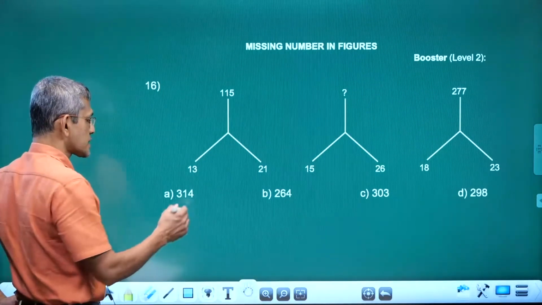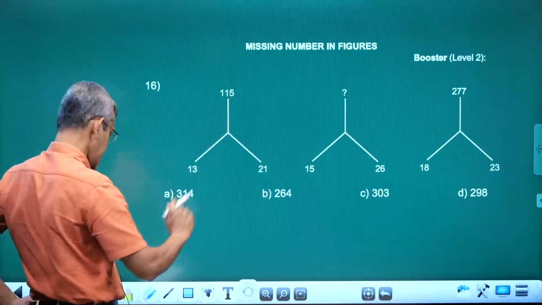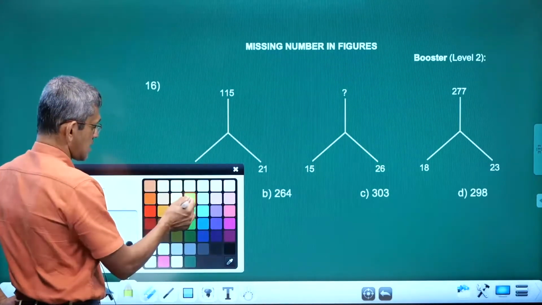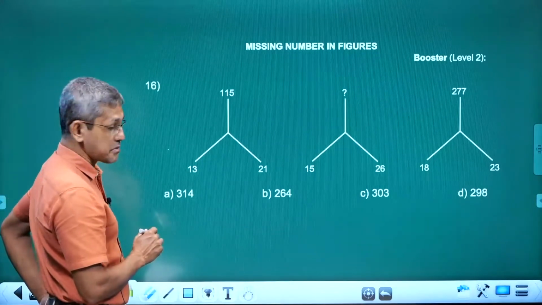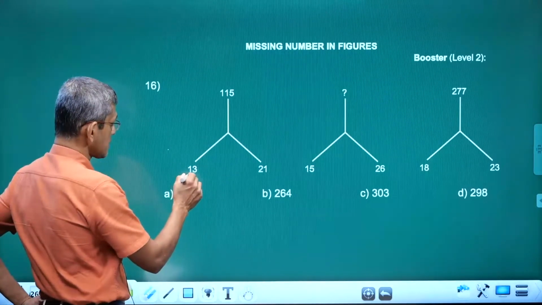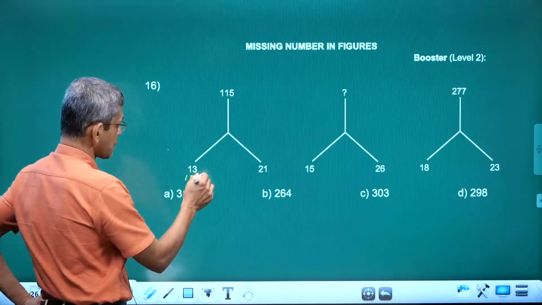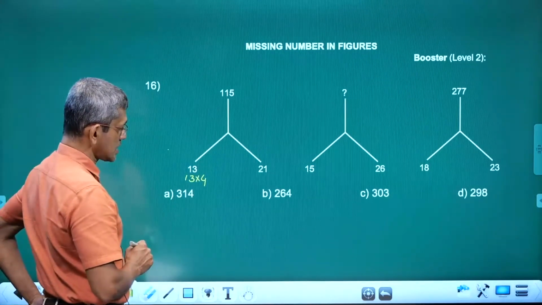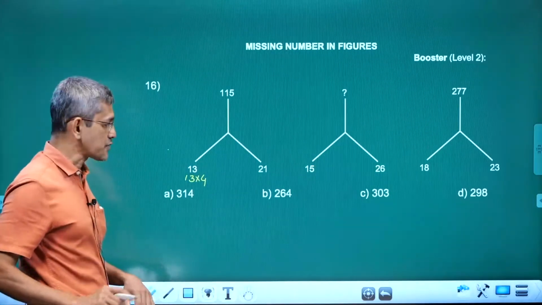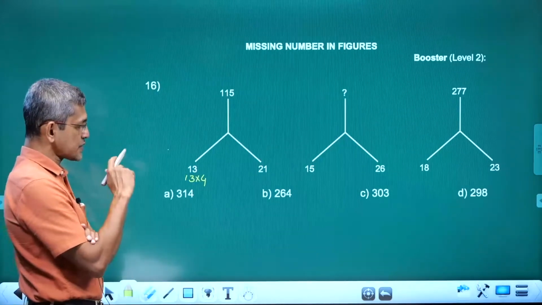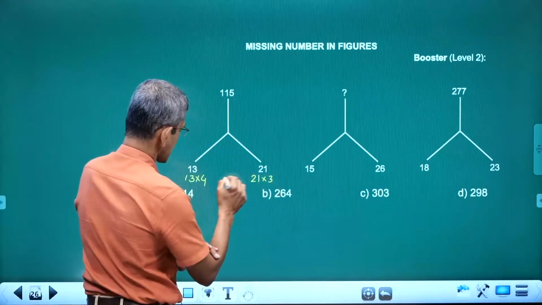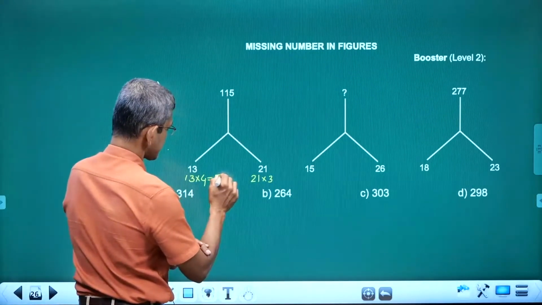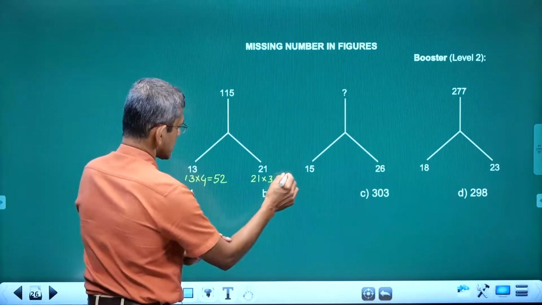Okay, so you know what? This number 115 is the sum of the products of certain numbers. So this 13, if I take 13 into 4, that is 52, right? And if I take 21 into 3, that is 63.